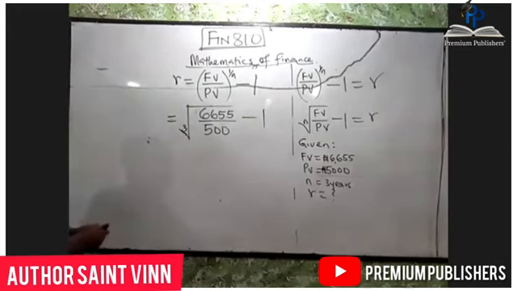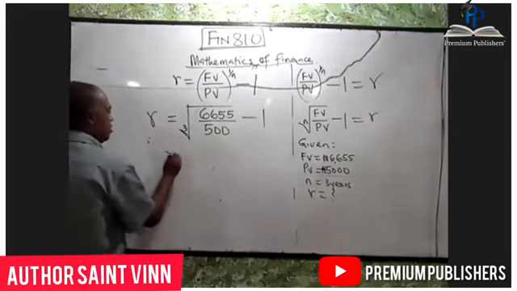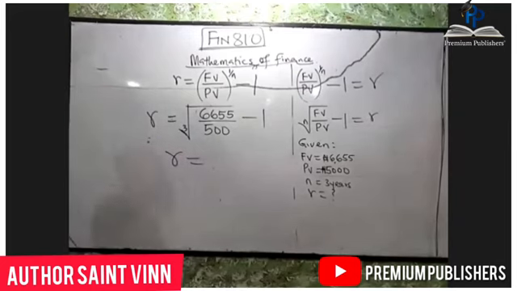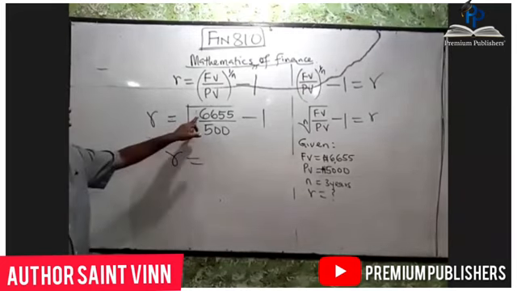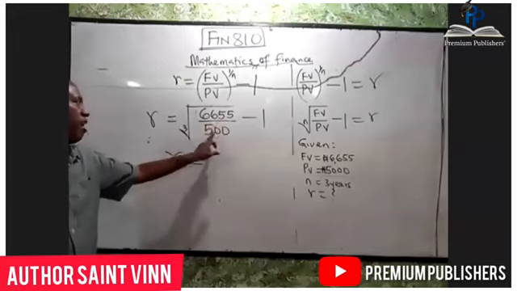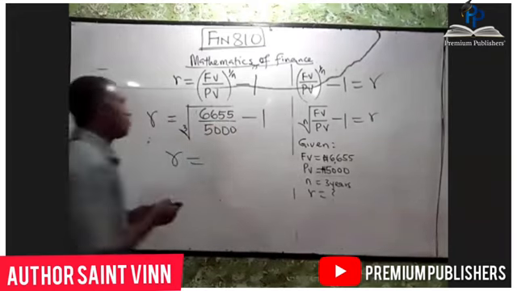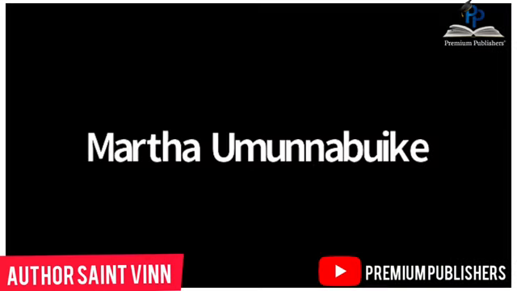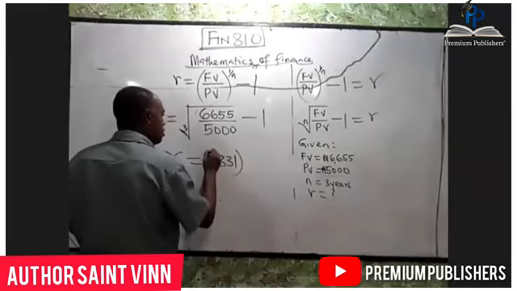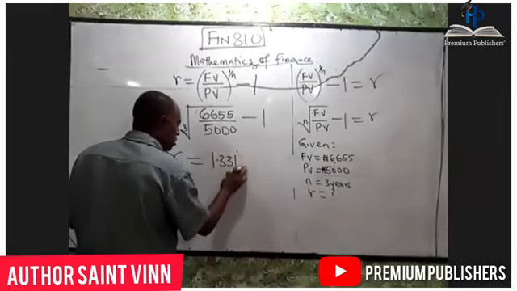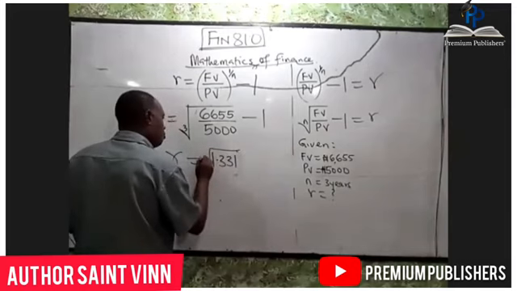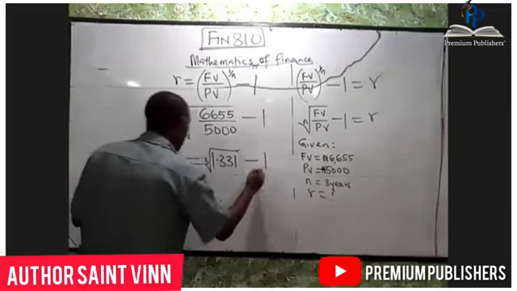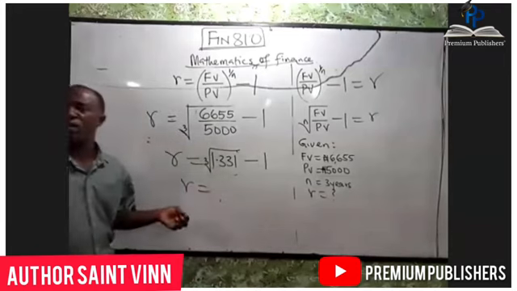So anyhow, our R. Somebody press calculator for us. 6,655 divided by 5,000. 1.331, have it? Cube root, have it? Minus 1. Somebody find your calculator can do that.